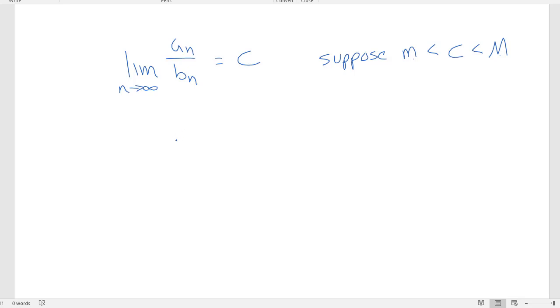So in other words, as n goes to infinity, this limit of a sub n over b sub n is equal to c, right? Now, if I come over here to what I just wrote, let's say I multiply both sides by b sub n. Right? So a sub n is equal to c times b sub n.